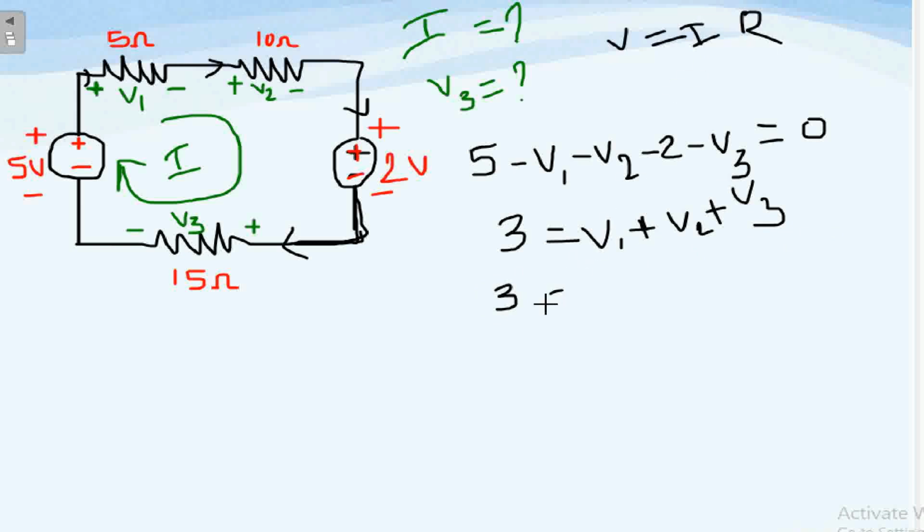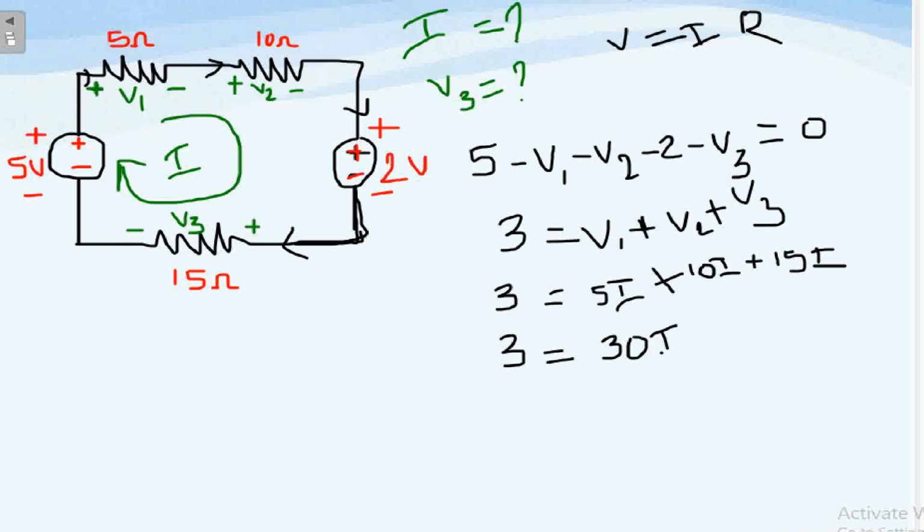So here you can write V1 is nothing but 5 into I. Next, V2 is equal to 10 into I. Next, V3 is equal to 15 into I. So totally here you can write 5I plus 10I plus 15I, which is equal to 30I.